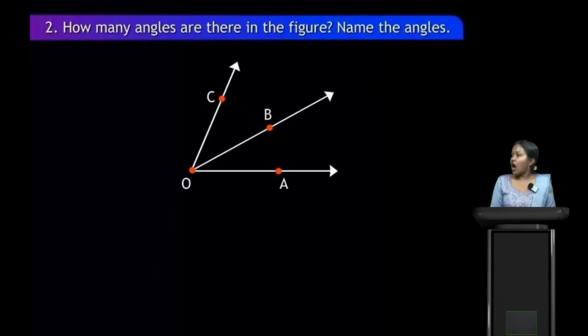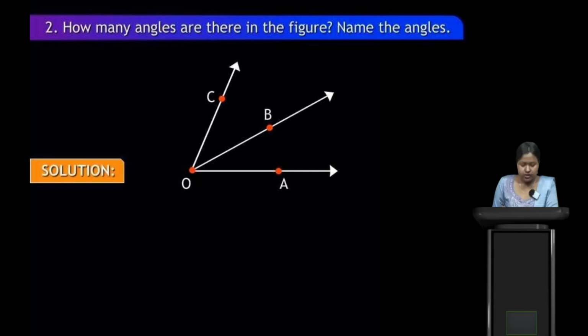Now the next question is, how many angles are there in the figure? Name the angles. You have to name all the angles, and with this, guess how many there are. I want all of you to try this one. How many angles are there? Can you tell me, my dear students? Very good. Here a total of 3 angles are there, right? One is the bigger one.